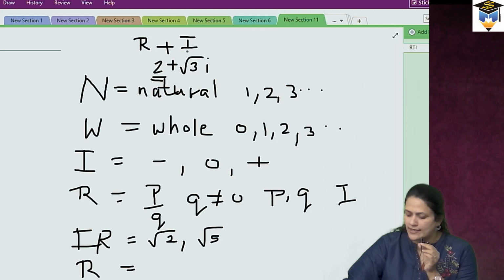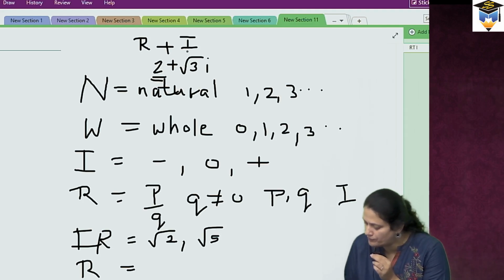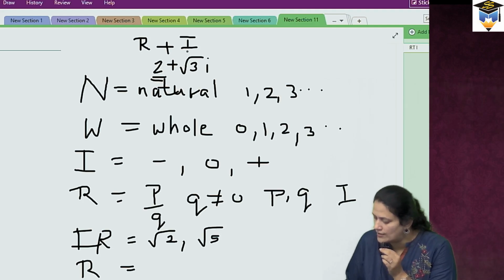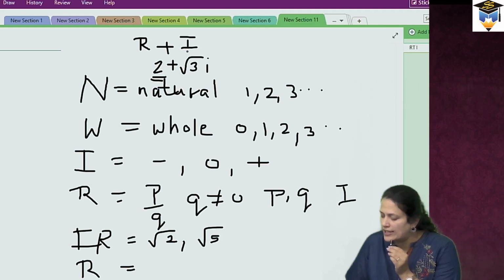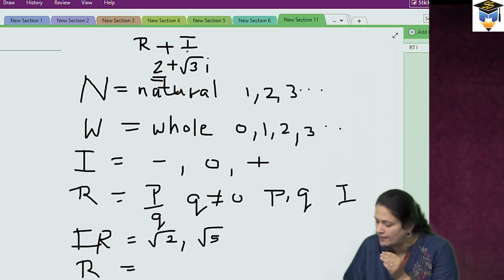So a complex number, if you see in the textbook, the definition of complex number is given as, let me read it for you. Now if you see, they have given you the equation x square plus 1 is equal to 0. Can you see that?